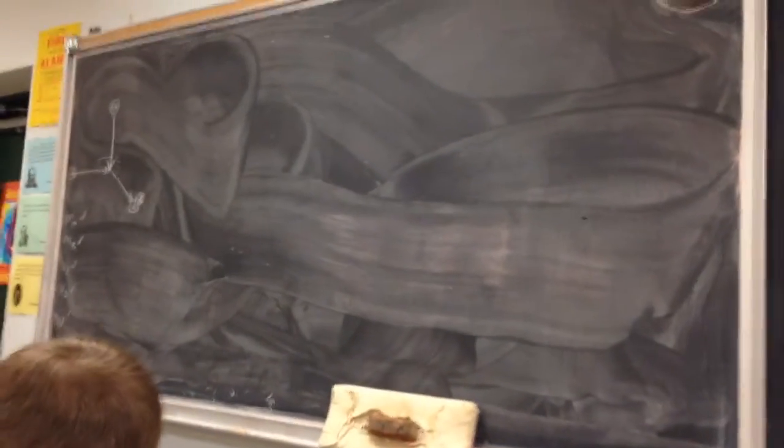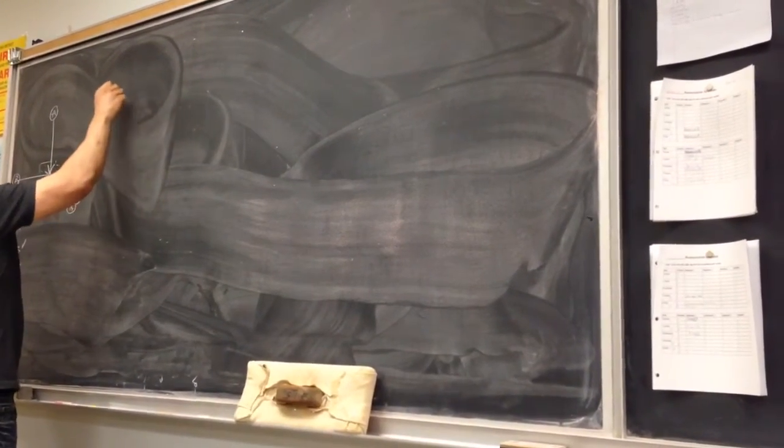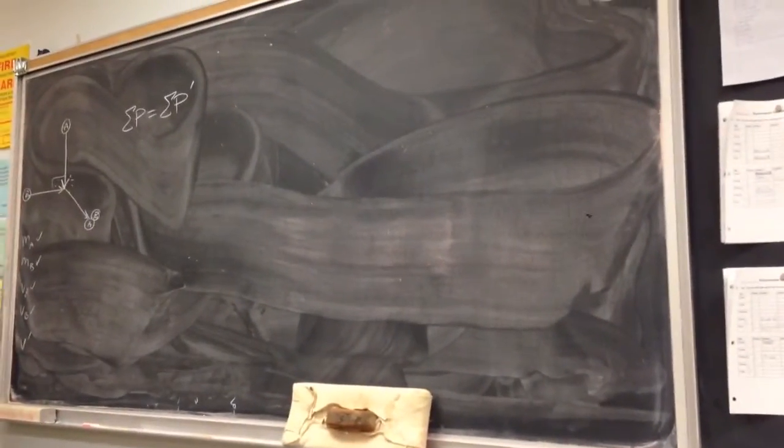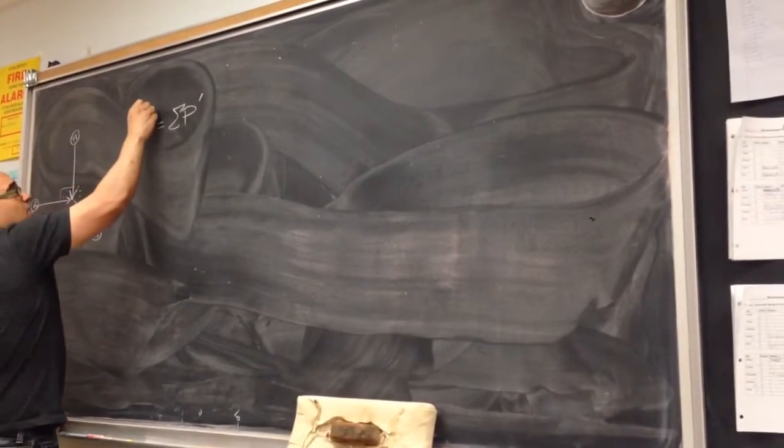Inelastic collision means we don't have conservation of kinetic energy, so we're not going to worry about kinetic energy in this case. We just have conservation of the total momentum of the system. Total momentum before equals total momentum after, so P equals P prime. Momentum is a vector, and we've got a 2D problem here, so we're really looking at 2 dimensions.